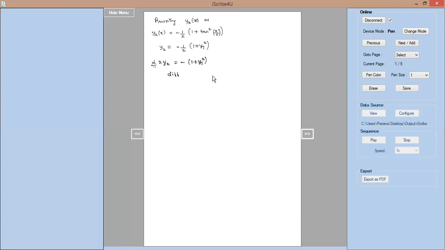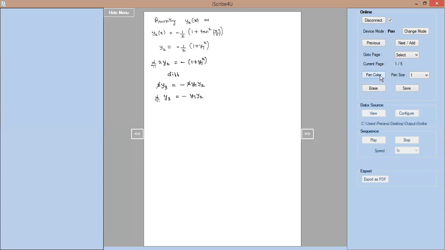So differentiation will give us 2 into y3 is equal to minus of, differentiation of a constant is 0. Differentiation of y1 square is 2y1 into y2, using the chain rule concept. So 2 gets cancelled. We have y3 is equal to minus y1 into y2. So this is the expression for y3.